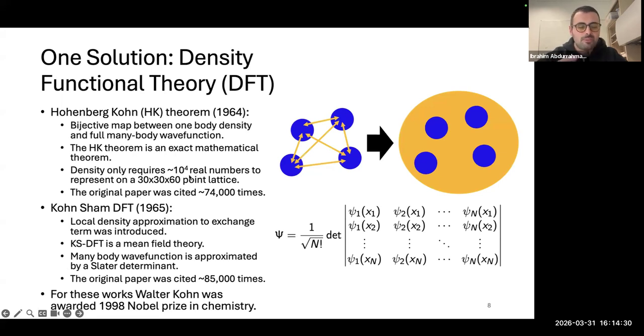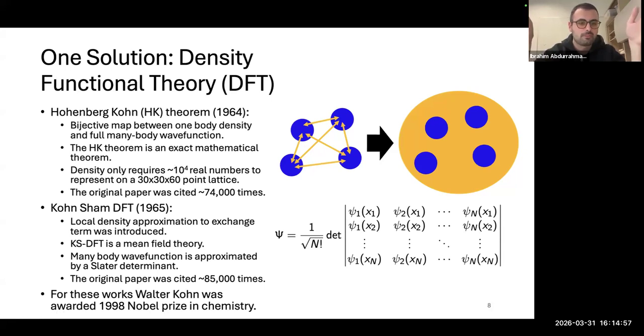In reality, you need more than just the number density. If you want to include superfluidity, you need the anomalous density as well. If you want to include spin orbit, you need a spin density, etc. But it's always going to be some maybe 10 times the size of this number, still a very small object. And this theorem is an exact mathematical theorem.